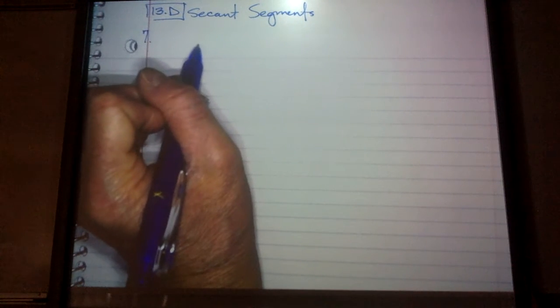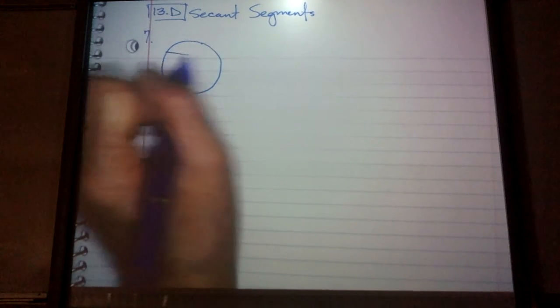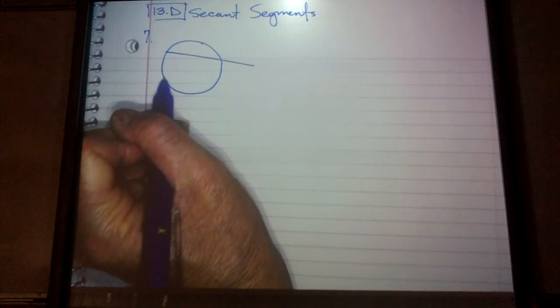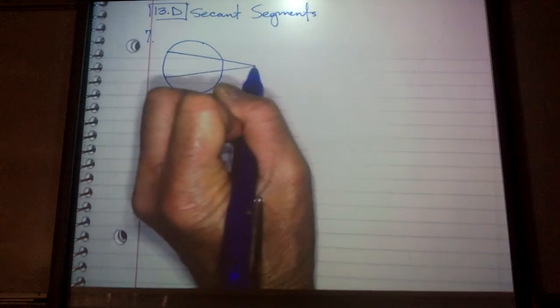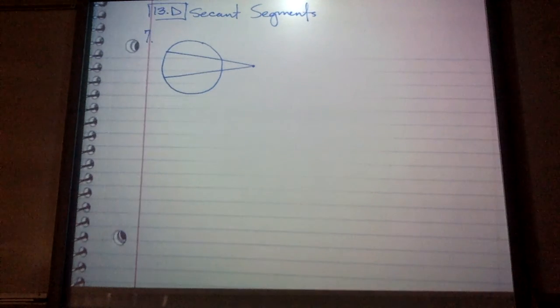So if I have a circle, and here are secant segments. I'm going to go over the property first.